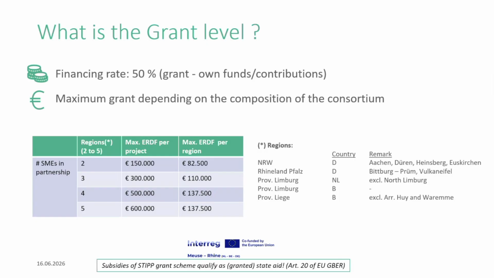Important to mention that we did make a cap for the amount of budget per region. Mostly you see that there's just one company involved per region, but if you have 2 companies from Maastricht, be aware that you take that maximum amount into account.